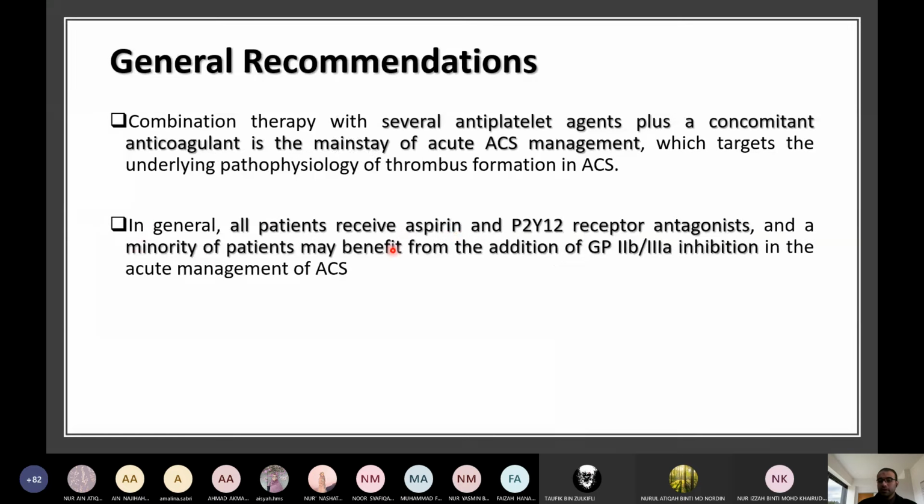In general, all patients receive aspirin and a P2Y12 inhibitor, clopidogrel, ticagrelor, or prasugrel, and a minority will have additional glycoprotein 2B3A inhibition, the one we highlighted under the high-risk non-STEMI, if you remember. Do you remember, brothers and sisters?